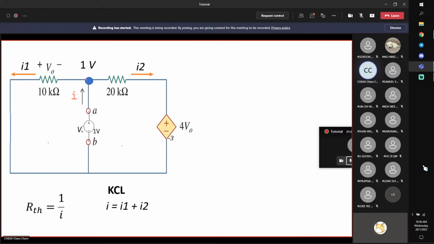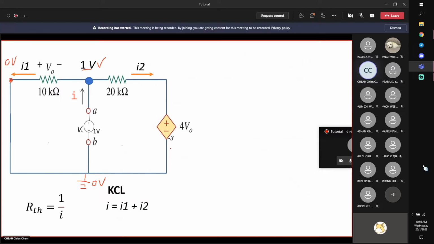Nodal analysis says to assign node voltages, but here this is 0 volts, and this is 1 volt. So this node voltage is known, 1 volt. This part is shorted, so this is also 0 volts.